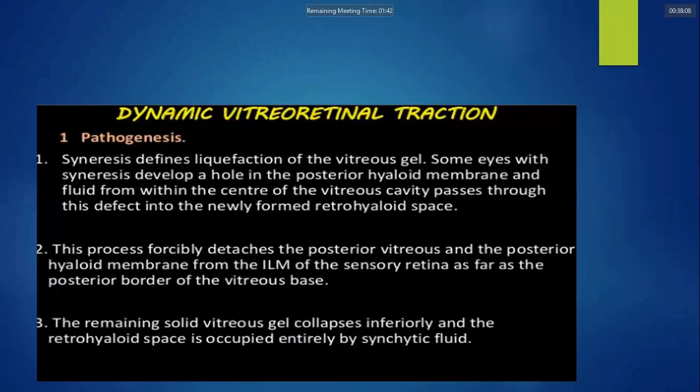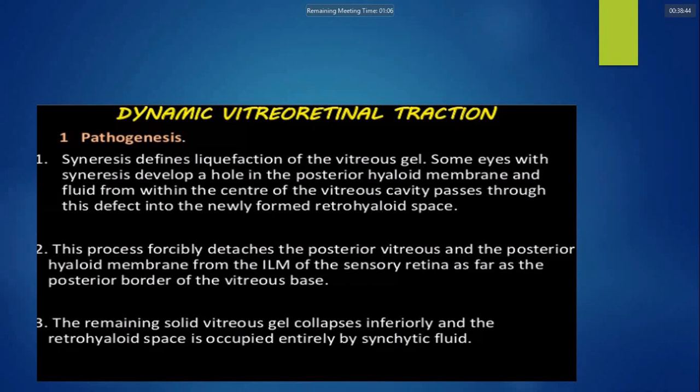So dynamic vitreoretinal traction is always due to syneresis, that is the liquefaction of the vitreous gel. Due to this, a hole occurs in the posterior hyaloid membrane, and fluid from within the central vitreous cavity passes to the newly formed retrohyaloid space. So one type of fluid accumulates, and gradually the pressure increases, and that increase of pressure will gradually pull the retina towards it.